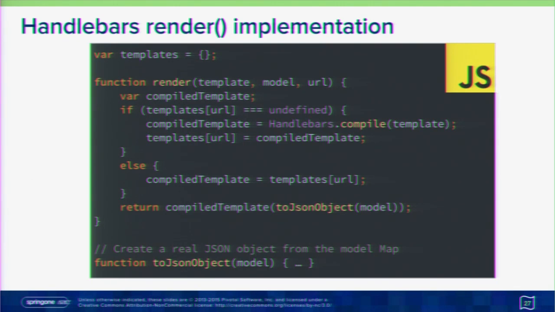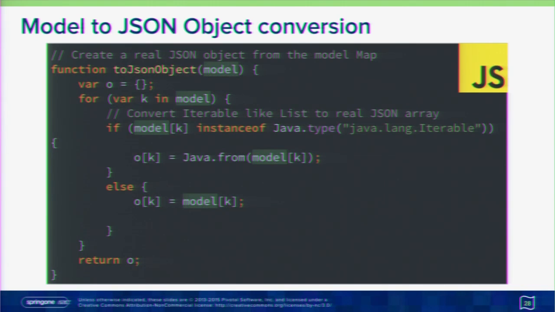You can notice that there is a toJSONObject function. More about that in this slide. The objects passed from Java to JavaScript are passed directly as they are. So the model object that we have is still a Java map. Even if Nashorn provides some language extensions that allow iterating over a Java map with a for loop, like there is in this sample, the template engine usually wants a real native JSON object with JSON arrays.